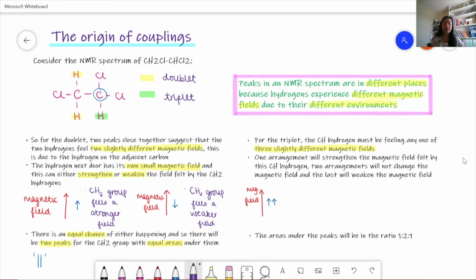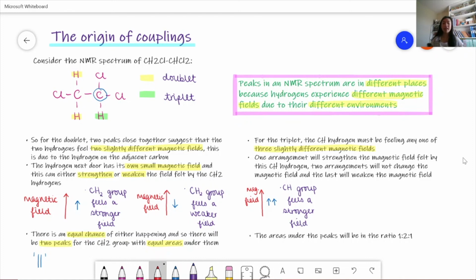And this means that the CH group feels a stronger field. When I say CH group, what I really mean is the hydrogen on the CH group.